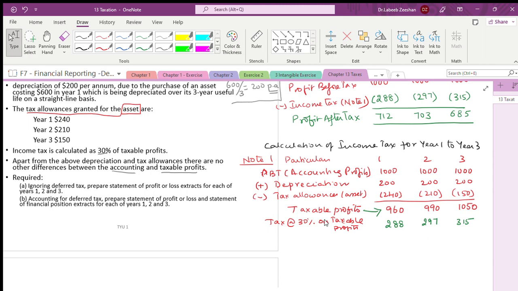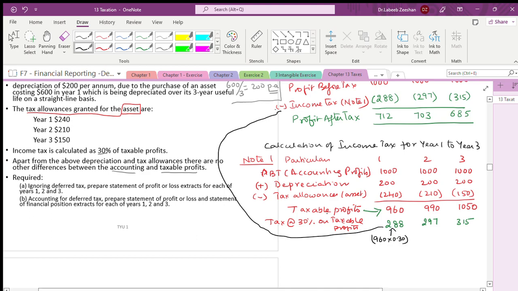Now, how did you get this one? This is nothing but 960 into 0.3. Yes, I understood. We will not deduct it from 960.